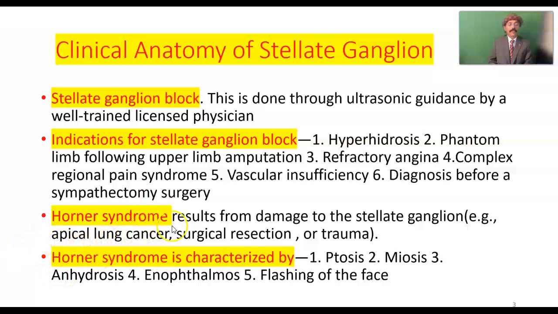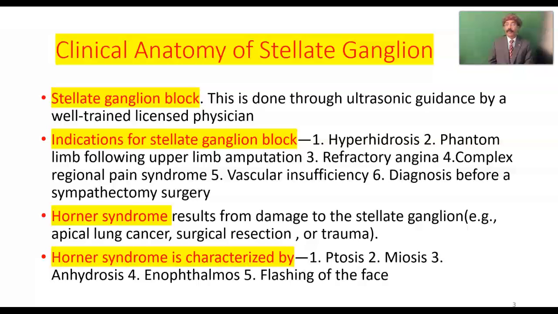Horner syndrome. What is Horner syndrome? It results from damage to the stellate ganglion, for example by apical lung cancer, because the stellate ganglion is on the posterior aspect of the apex of the lung. Surgical resection: if the stellate ganglion is taken out, then we get Horner syndrome. Or any trauma or injury along the pathway from the hypothalamus through the spinal cord to the cervical sympathetic ganglion.